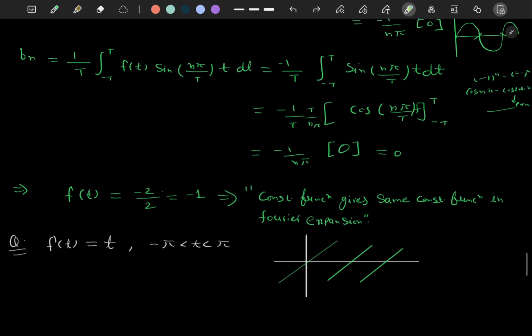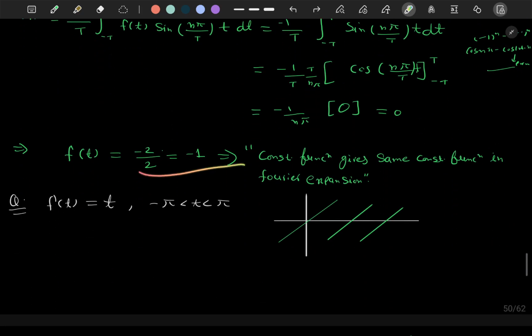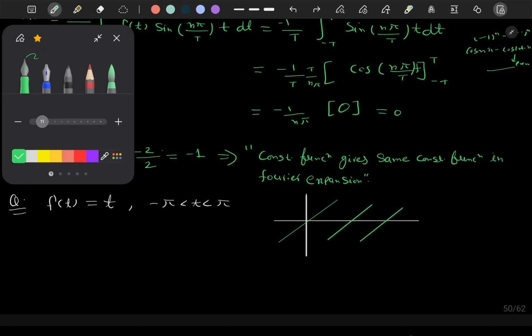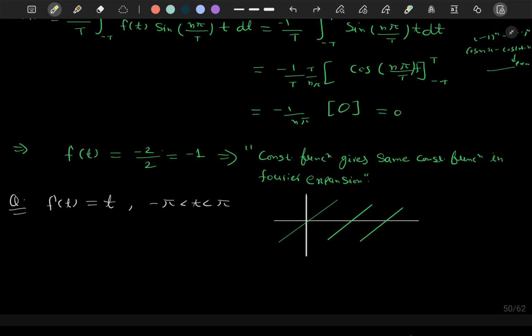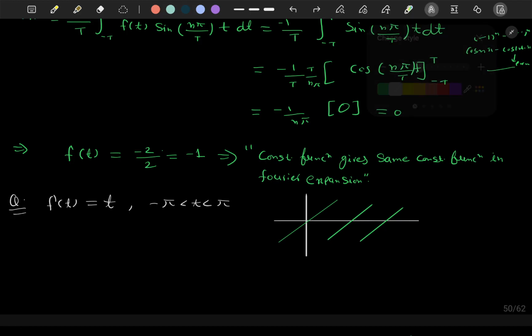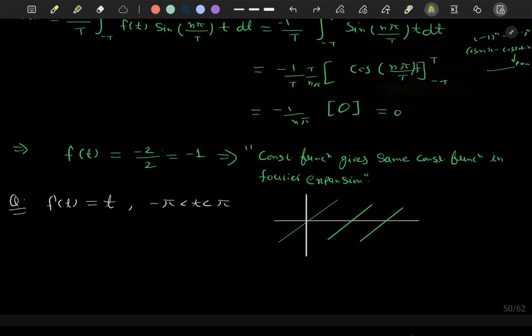This was the constant function, and the Fourier function will be the same. So every constant function will give the same constant function in its Fourier expansion.